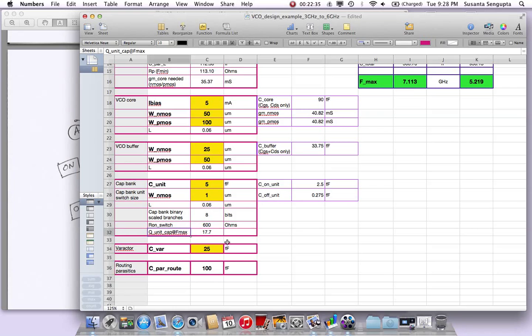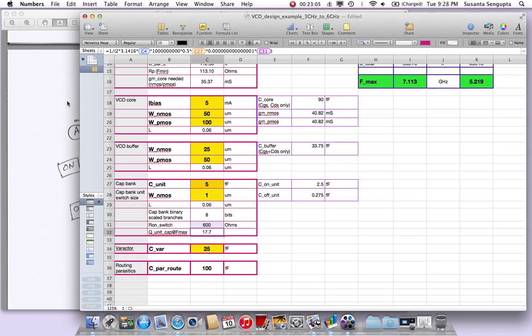But what is the Q then? At F max, where the Q is going to be the worst, at higher frequencies the losses get higher and higher. The Q is basically going to be, this is the lossy part. This part is going to be 1 over, where is the capacitance? The capacitance is C27, right here. So half of that C27 is what we are going to see.